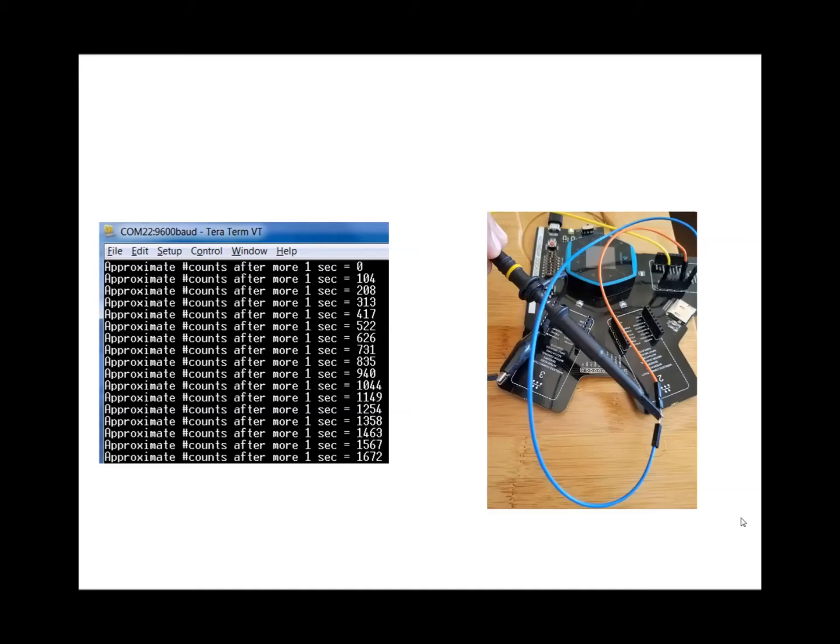Does this make sense or not? Let me turn the light on so that I can see. These numbers, do they make sense?